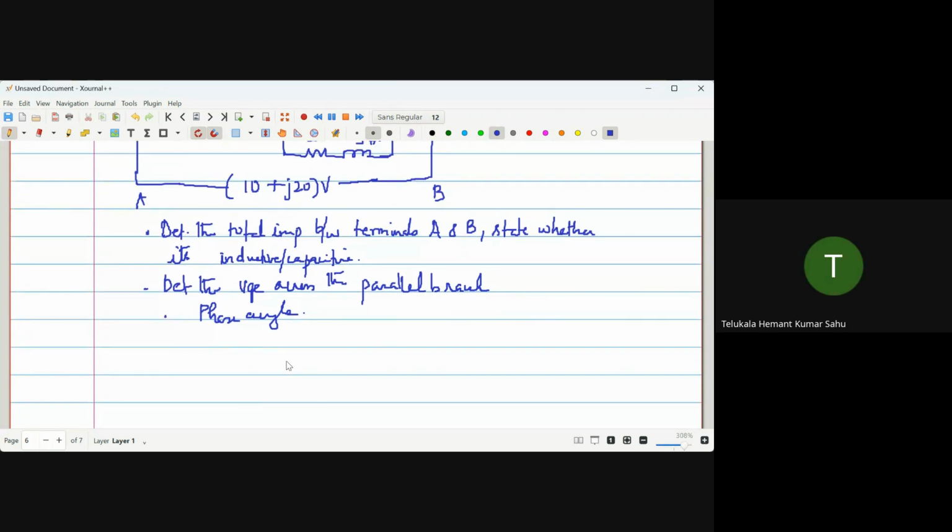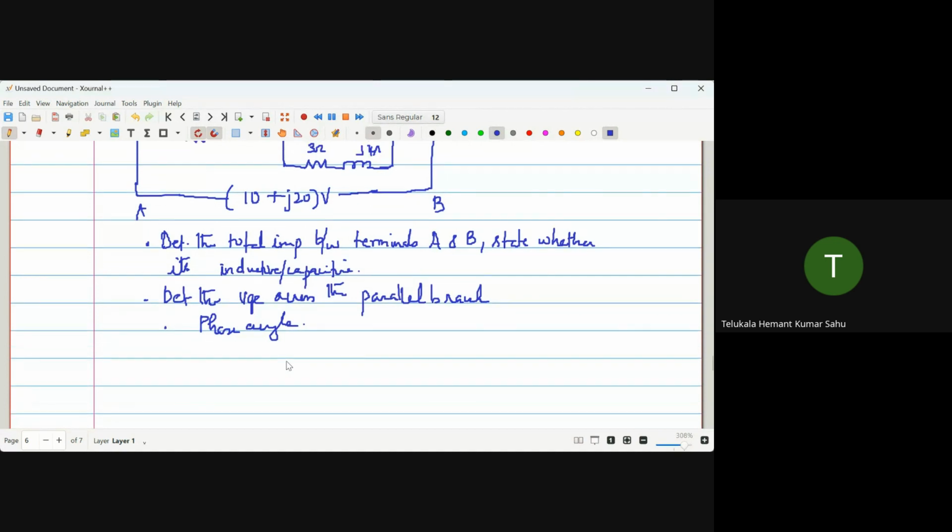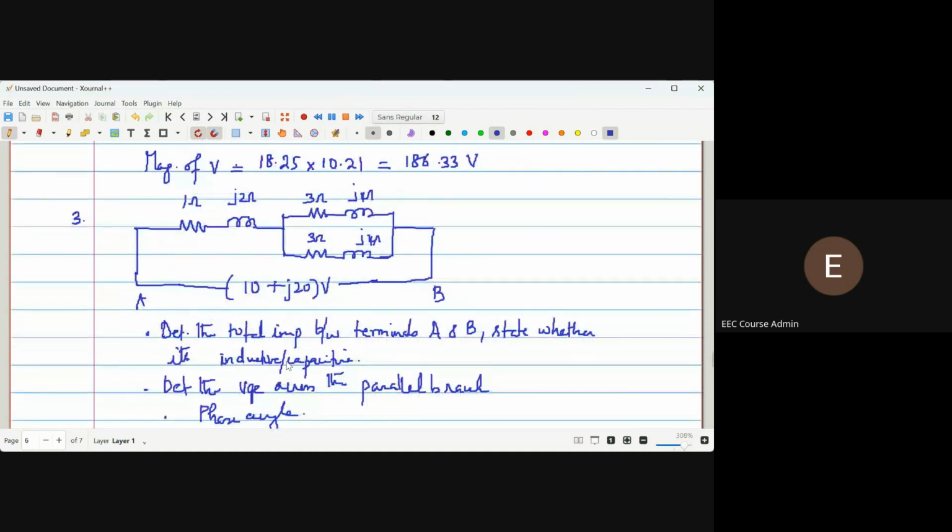Ma'am, what is the value of inductors in the parallel branches? J4 ohms and J4. Both are J4.